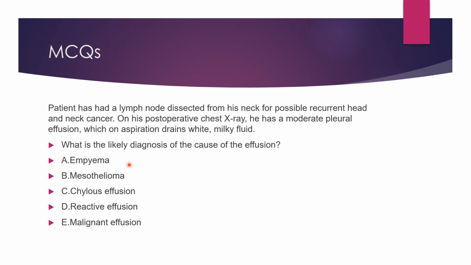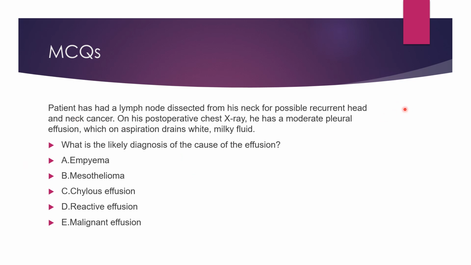So what is empyema? Empyema means frank purulent fluid is nothing but empyema, and there is nothing mentioned about the purulent fluid. That is white milky fluid. White milky fluid is different from purulent fluid. And mesothelioma, it is a pleural malignancy, but it can present with pleural effusion alone, but the history is not suggestive of mesothelioma.